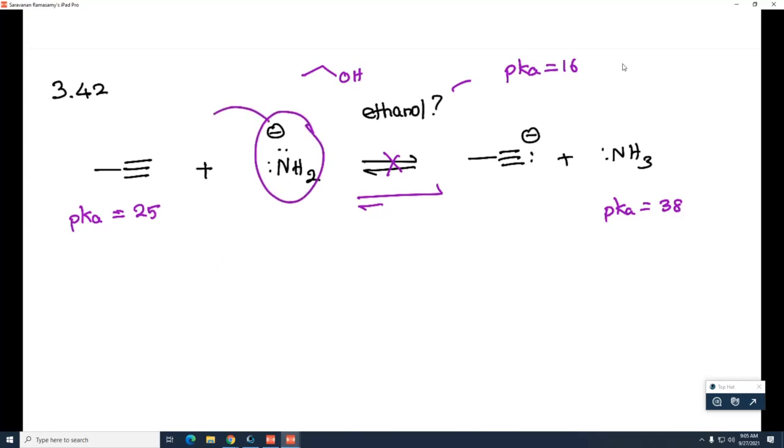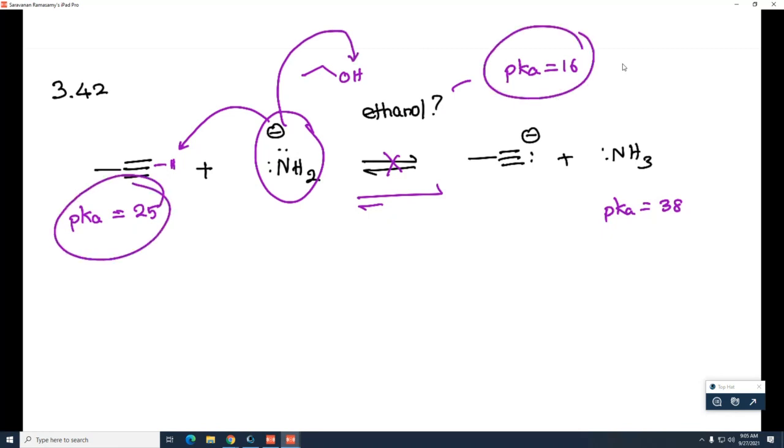That is based on the pKa of these two. Which proton is more acidic, basically? The alcohol's proton is more acidic. So if you have alcohol in your flask, the NH2 minus would prefer to remove the more acidic proton first, and the reaction product will be different.